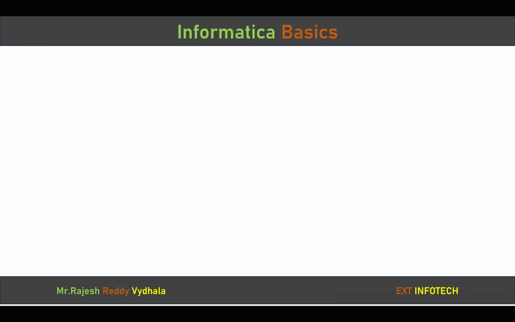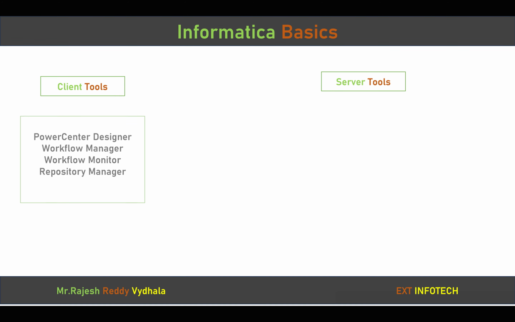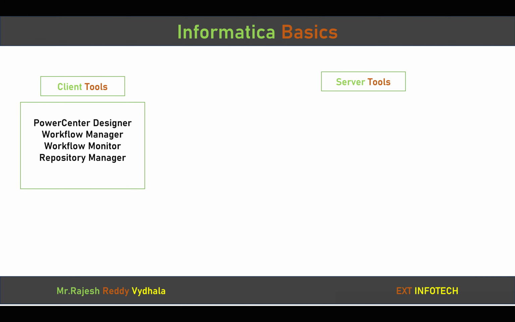Basically, Informatica comes with two types of tools: client tools and server tools. First we'll see the client tools. The client tools are Power Center Designer, Workflow Manager, Workflow Monitor and Repository Manager.